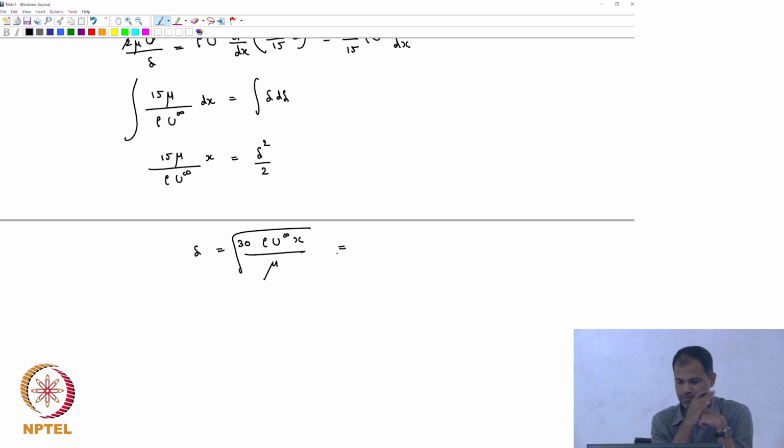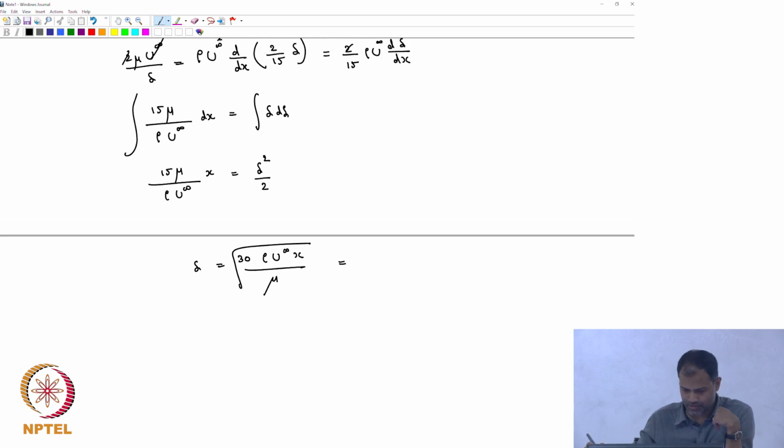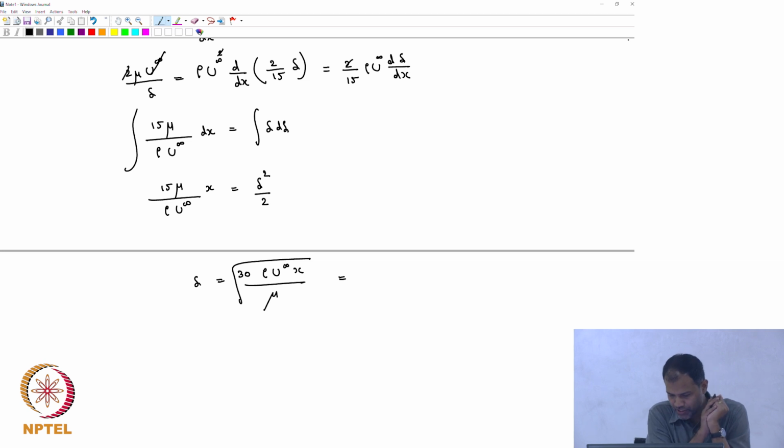No, there's something else missing. What is it that I'm missing? I'm ending with a dimensional quantity equal to a non-dimensional quantity. Okay, no, fine.